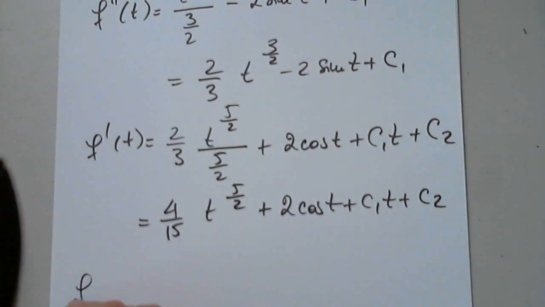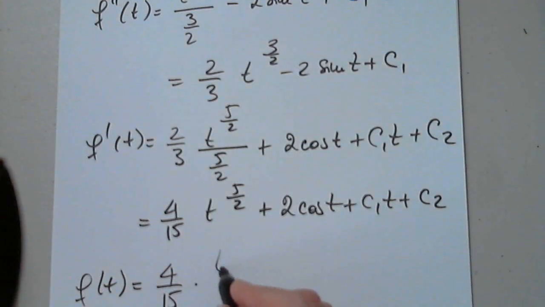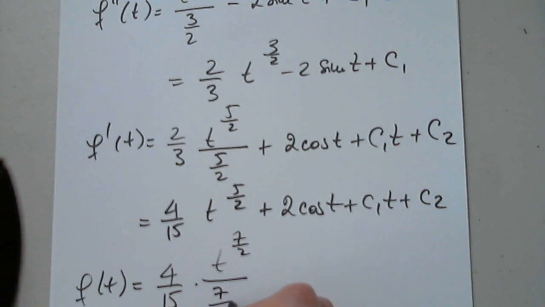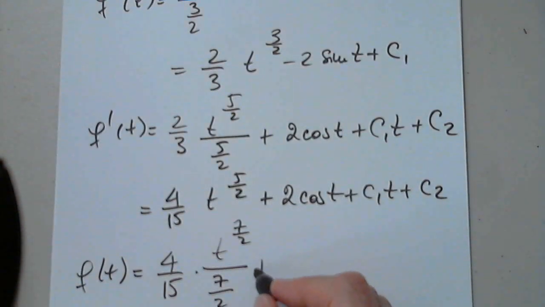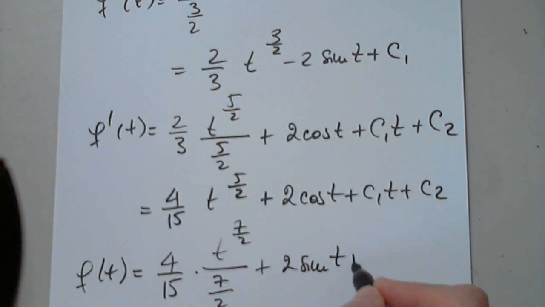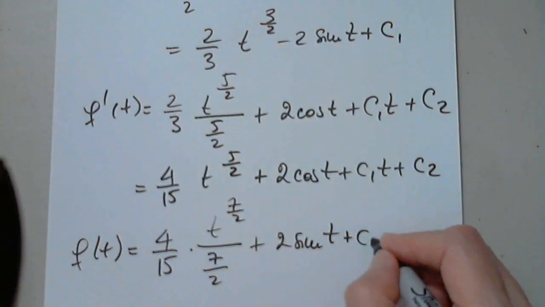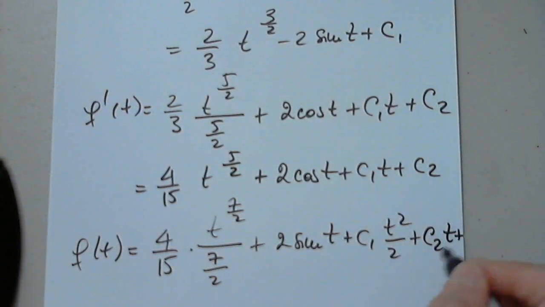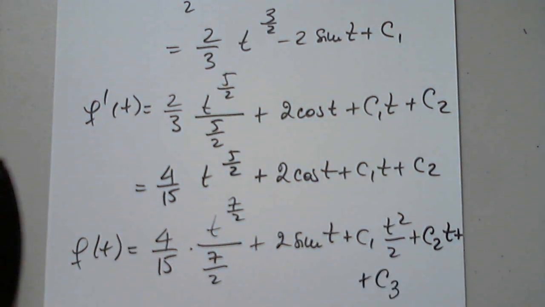And finally, we have f of t. 4/15 t to 5/2 plus 1, of course divided by exactly the same number, plus 2 sine t plus c1t squared over 2 plus c2t plus c3.